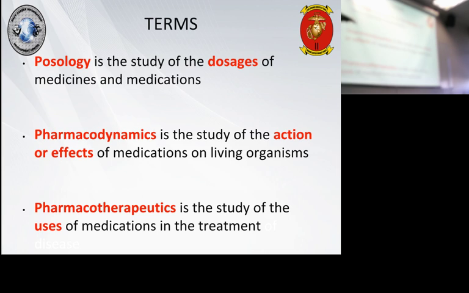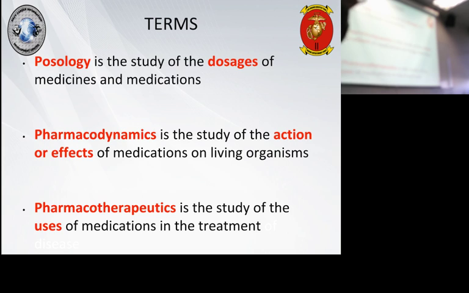Okay, so living organisms. So basically think of the effects of giving an antibiotic on how it affects that particular bacteria. It's breaking it down, killing it. It's not going to work on a virus, so it's based on that particular organism.